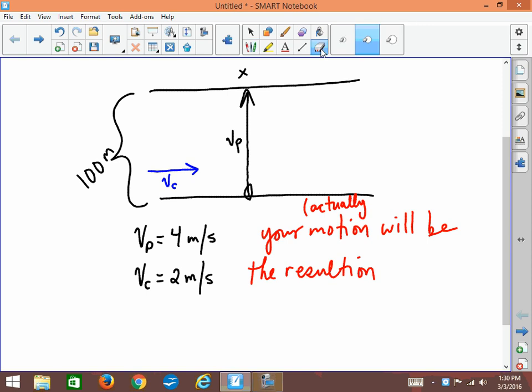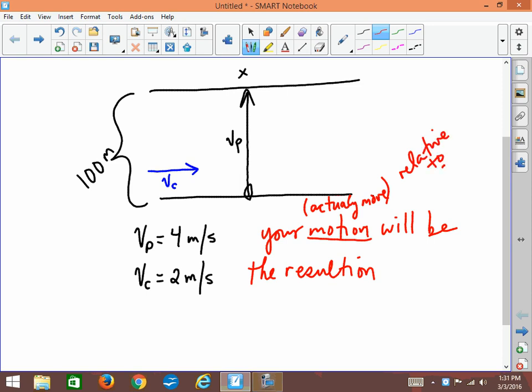And it will be measured relative to the shore, okay, relative to the shore. So it's like as if someone were watching you from shore. The result would be what they would see, how your boat would move through the water.